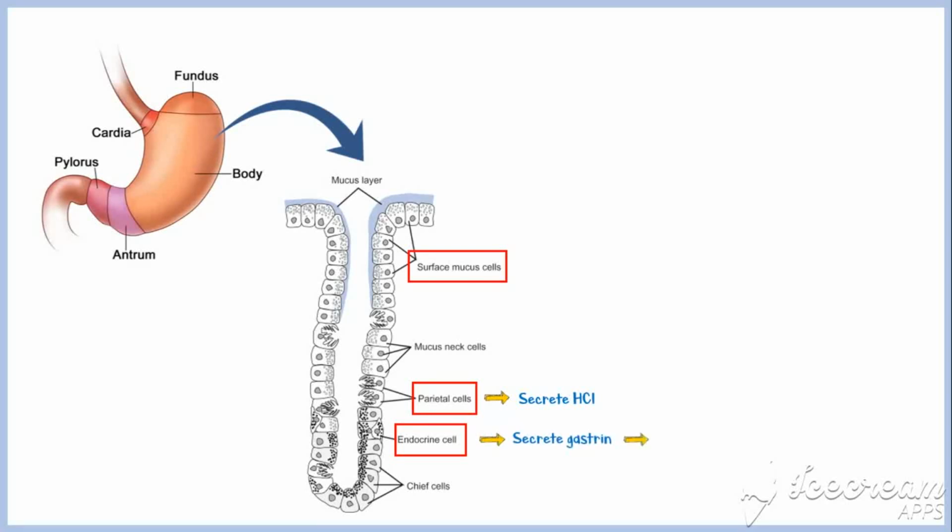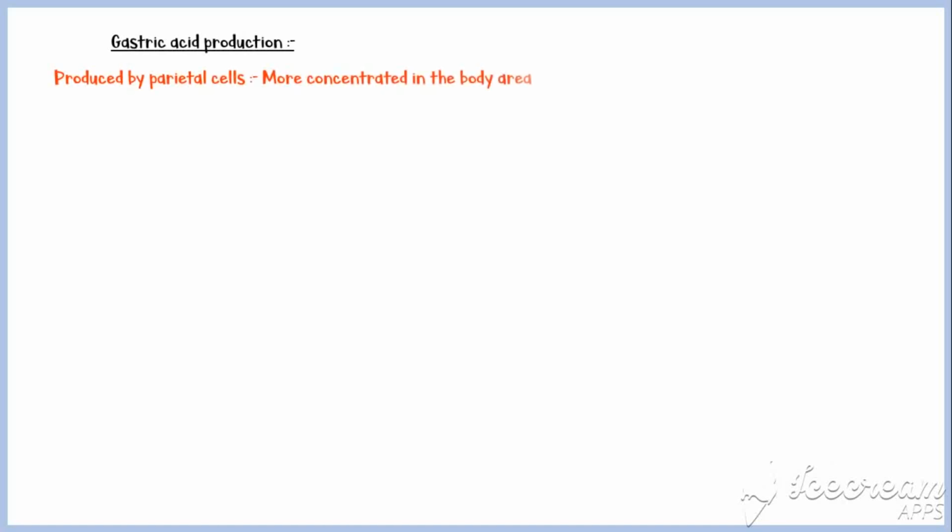The main function of gastrin is to stimulate parietal cells to secrete hydrochloric acid, and chief cells, which secrete digestive enzymes, including pepsin. As already mentioned, gastric acid is produced by the parietal cells, which are more concentrated in the body area of the stomach.